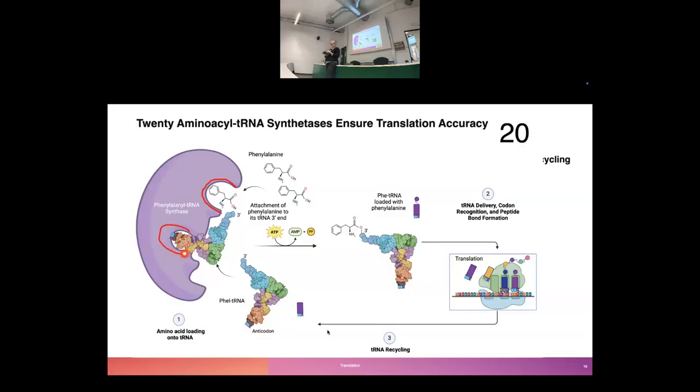The interaction is specific, and on the other hand, this pocket is specific for the amino acid phenylalanine. So what will be the end product? It will be the phenylalanine tRNA, meaning it is a tRNA that is loaded with its amino acid.